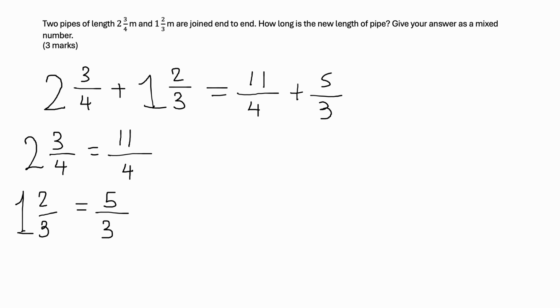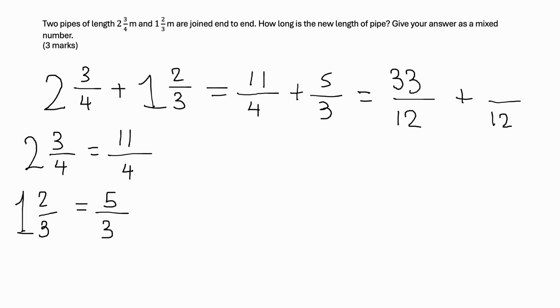Now, as both of the denominators here are different, we have to find the lowest common multiple of both of them, which is going to be 12, as 12 is in the 4 and 3 times tables. So to get from 4 to 12, we have to times by 3. So we times the numerator by 3 as well. 11 times 3 is 33.